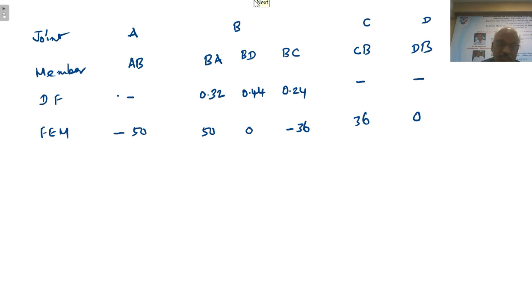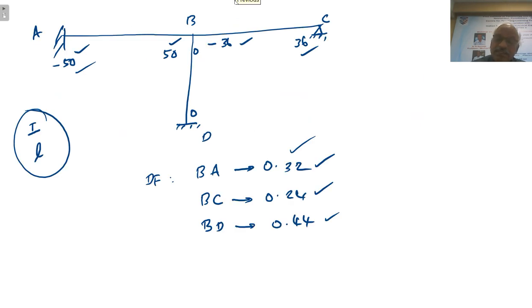Now here in the moment distribution process, we know the support C is simply supported. So C has to be released first, and the moment is to be carried over to the opposite end, right? For releasing this, when this is plus 36, we have to apply minus 36 and carry over to the opposite end.